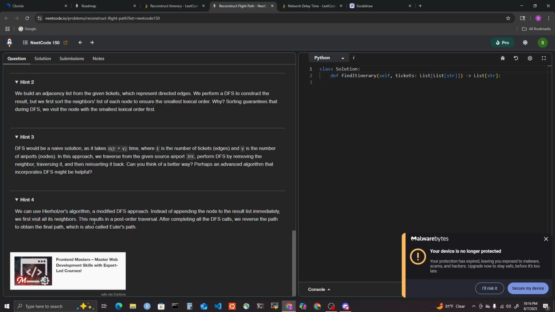We can use Hierholzer's algorithm, a modified DFS approach. Instead of appending the node to the result list immediately, we first visit all its neighbors, as well as a post-order traversal. After completing all DFS calls, we reverse the path to obtain the final result, which is also called an Euler path.